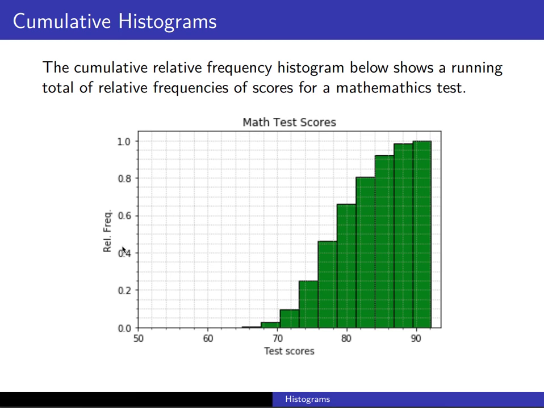With cumulative relative frequency, our final bar is going to be at 100% because now we've counted all the test scores that we had available to us. It just keeps a running total and builds upon the previous heights before it to create what's known as a cumulative histogram.